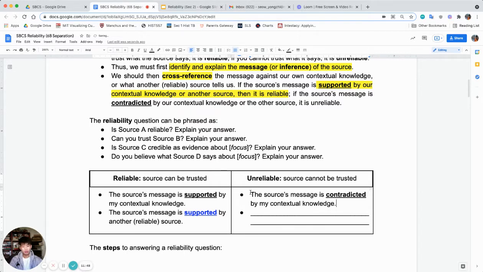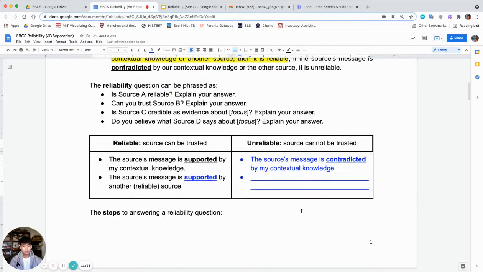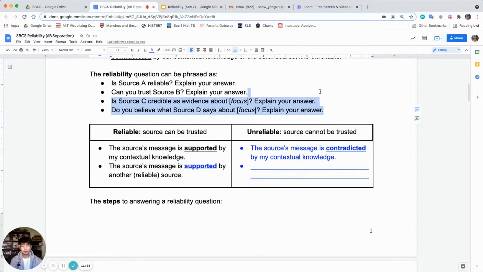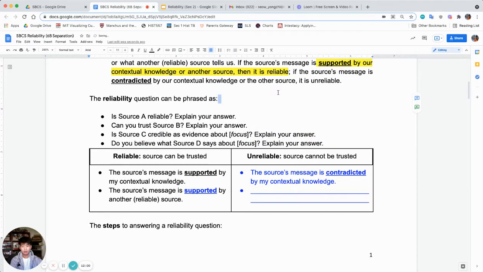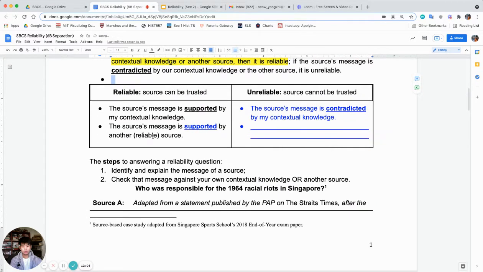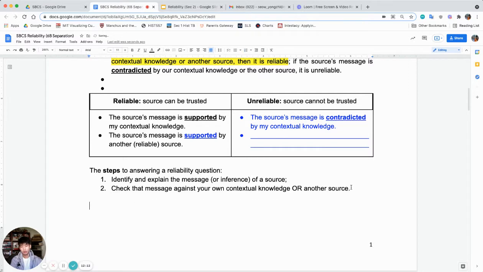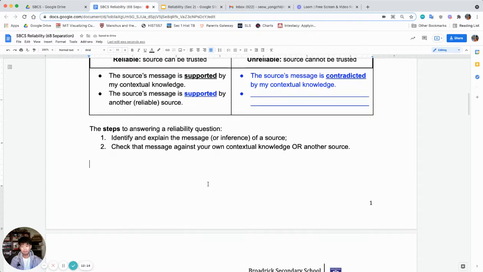Can I leave you to fill in the next one by yourself? This blank, what should it be? Finally, the steps to answering a reliability question. Identify and explain the message or inference of a source, and check it against your contextual knowledge or another source. Right. Okay.